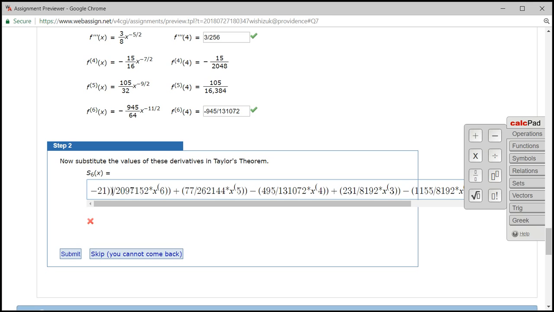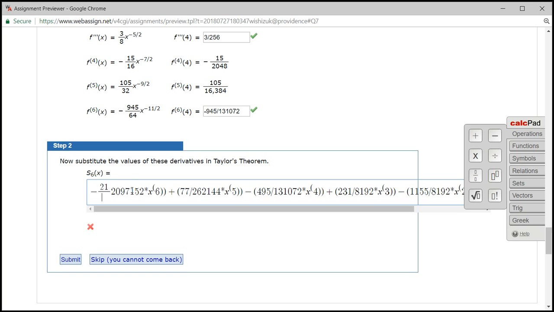So it's negative 21 over that, and then I'm going to just say this. Then I'm going to copy this, Control C, delete that, and paste it down here.